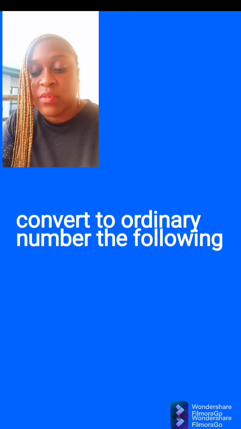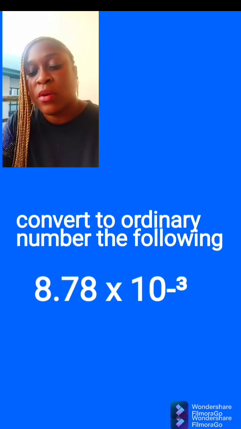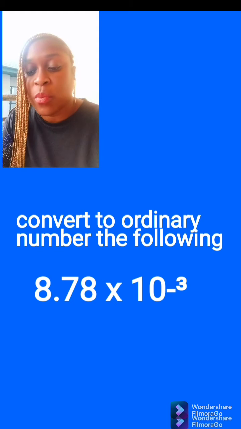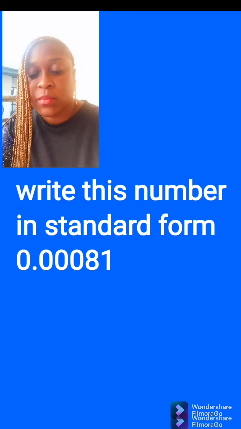Convert 8.78 times 10 raised to power minus 3 to an ordinary number. That is, write it in ordinary form, not in standard form. And also write this number in standard form. 0.00081. Write this number in standard form. Okay?